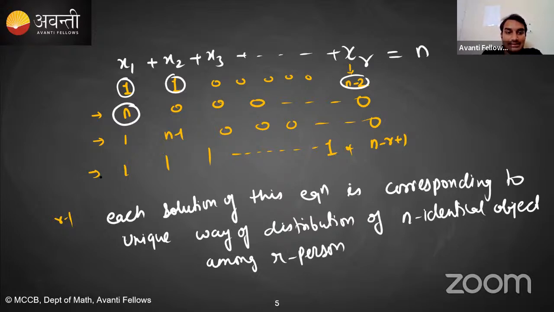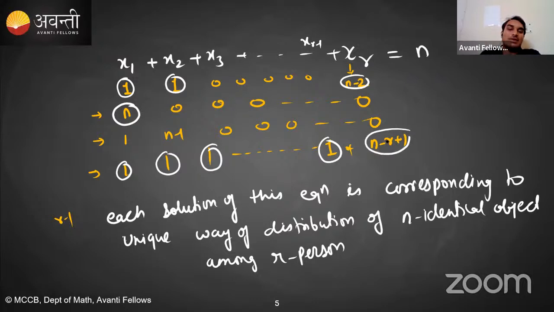Right? So let's say this last one. It is the same as saying that person 1 gets one object, person 2 gets one object, person 3 gets one object, and person r minus 1 also gets one object, and the last person, the rth person, gets n minus r plus 1 objects. This is also one way of distribution.